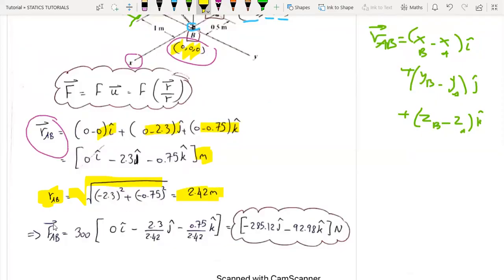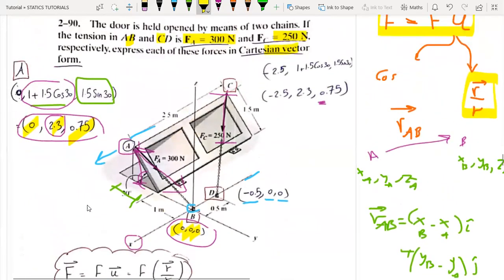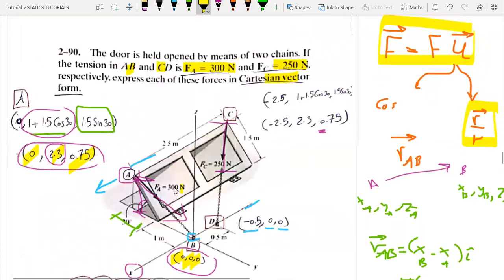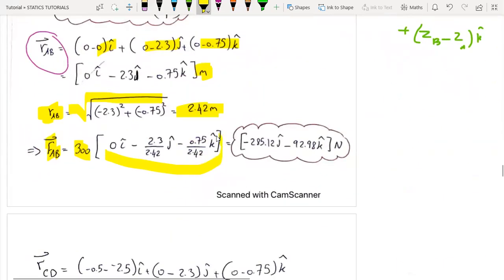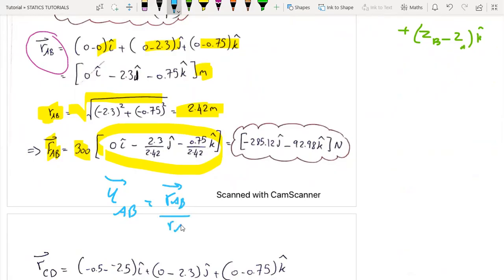Now, the vector FAB will be equal to what? The magnitude of FAB, which is given in the problem, 300 newtons, multiplied by the unit vector UAB, which is equal to RAB, the vector, over the magnitude of RAB.